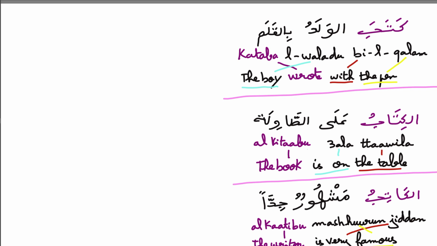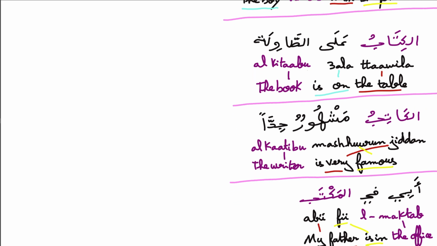So for example, the first one we have كتب الولد بالقلم. كتب, which means wrote. الولد, but here it's read الولد, so to make a connection. ولد is boy. B with القلم, the pen, which is here read as well القلم. كتب الولد بالقلم.